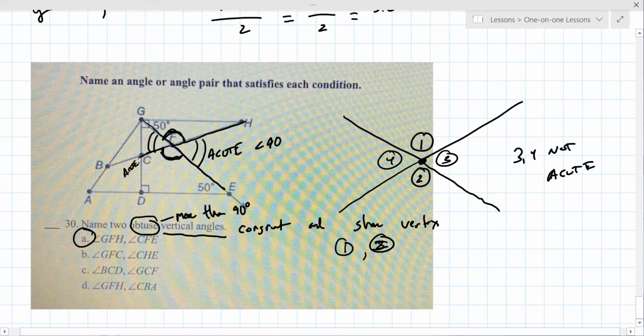G, F, H, and CBA. So they give you GFH again, but then they give you CBA. They're both obtuse, but they're not congruent because they don't share that vertex. Not congruent.